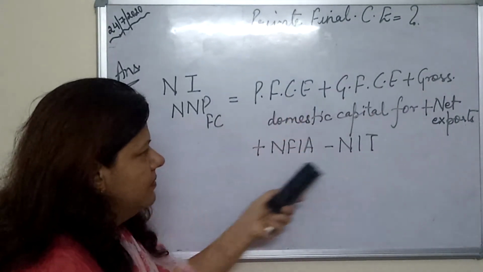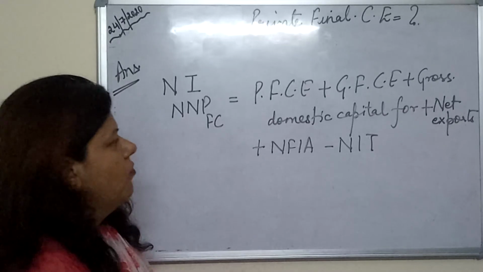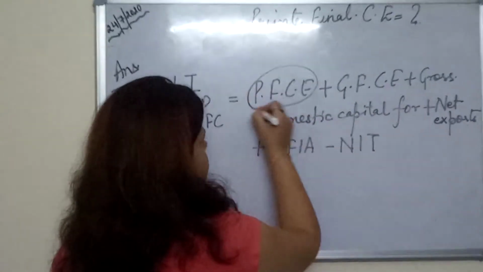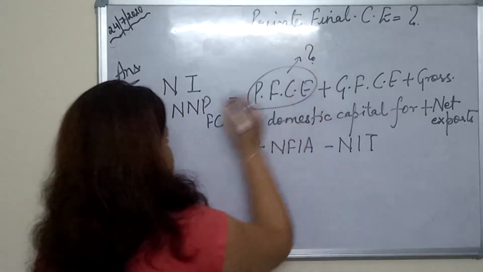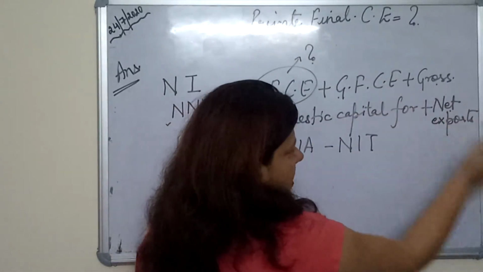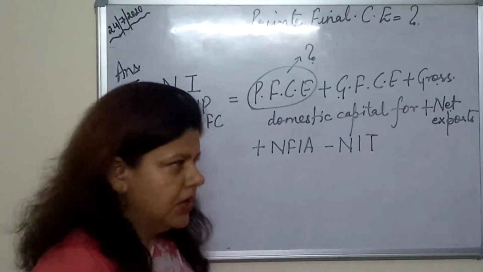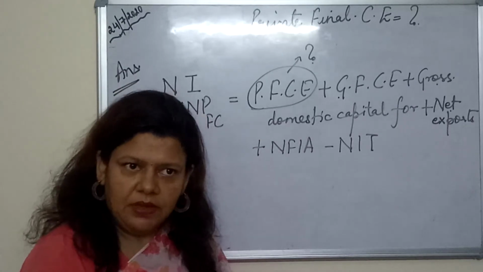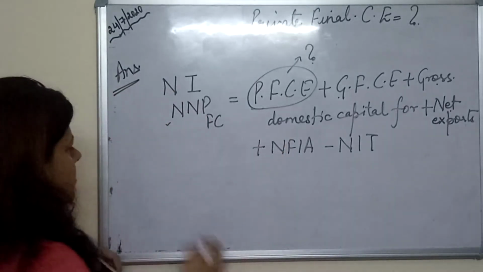Now, what we are given within the question is that you have to calculate this. This is given, this is given, this is given. In place of exports, imports are given, and NFIA is given and net indirect taxes are given. So we will just twist the formula.